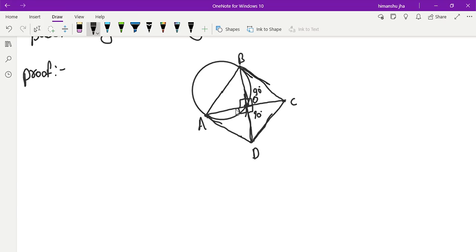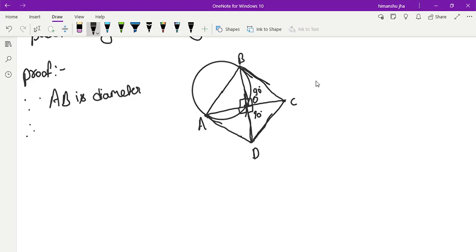Now as we already know, the diagonals of a rhombus bisect each other at 90 degrees to each other. Now AB is a diameter. Since AB is a diameter, the angle in the semicircle must be 90 degrees.